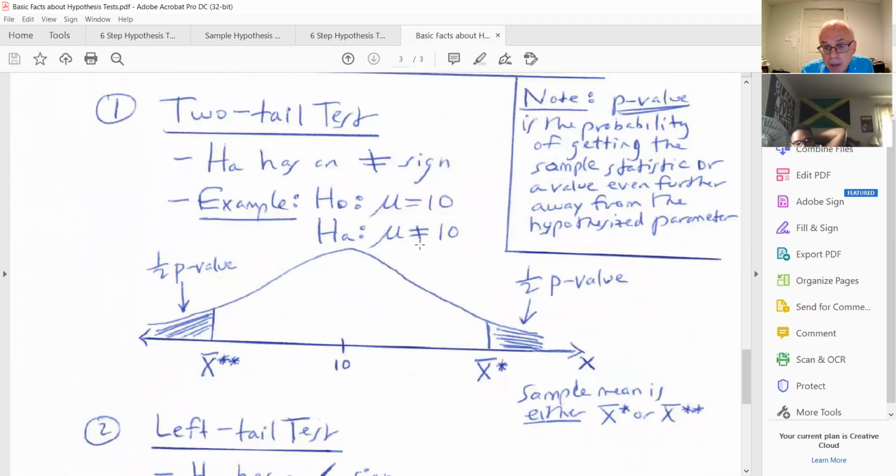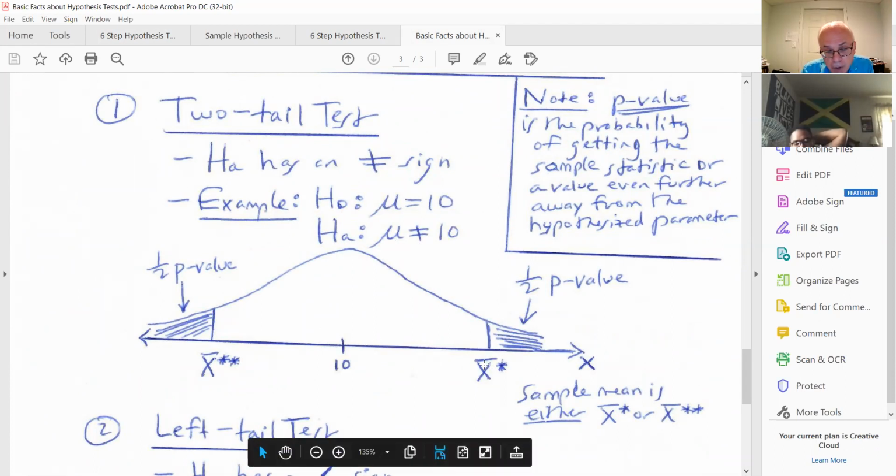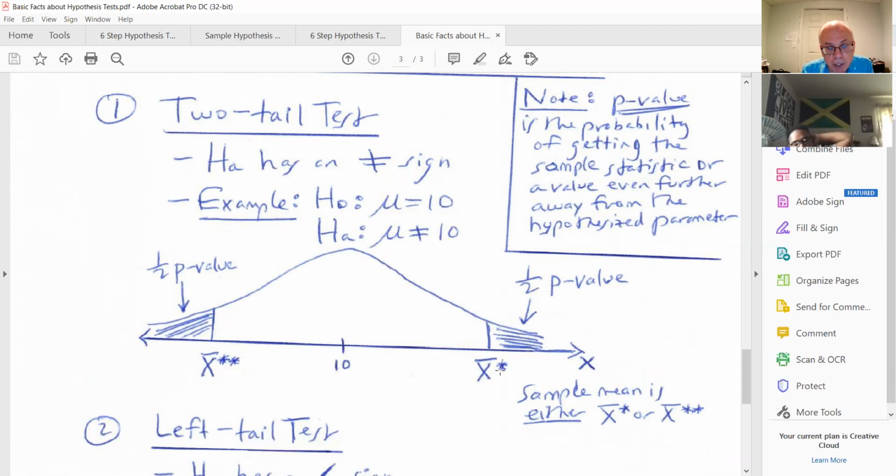The sample mean is either going to be bigger than 10 or smaller than 10. Now, if it's bigger than 10, we're going to do a right tail calculation for the probability. And if it's less than the mean 10, we're going to do a left tail calculation.